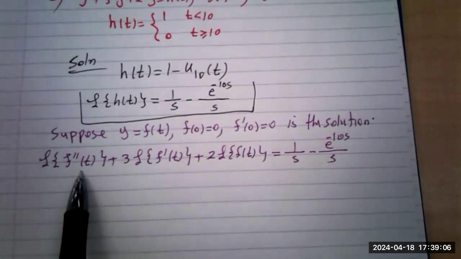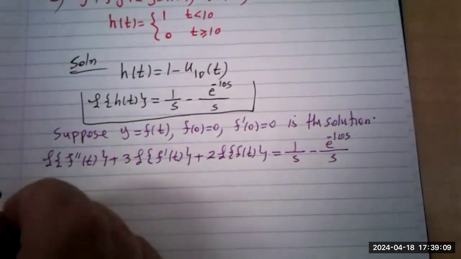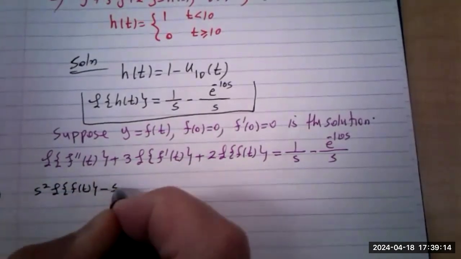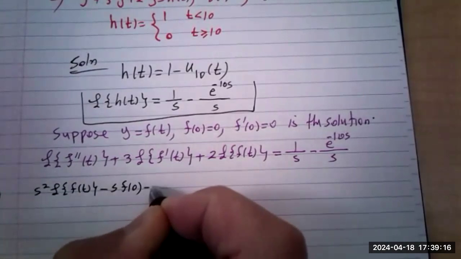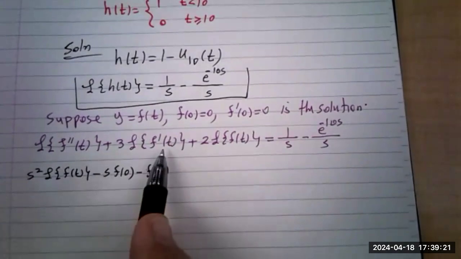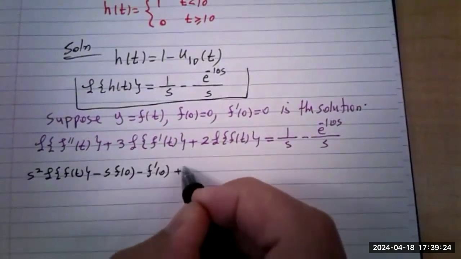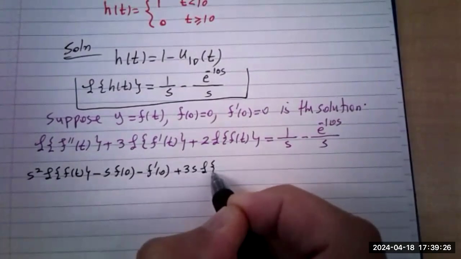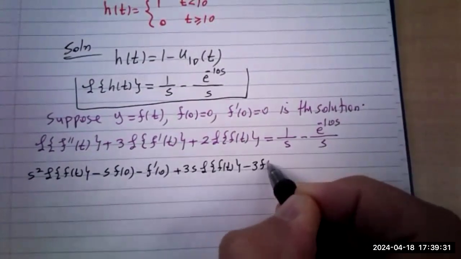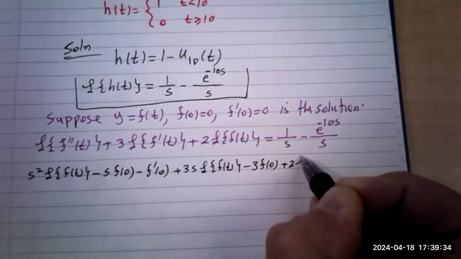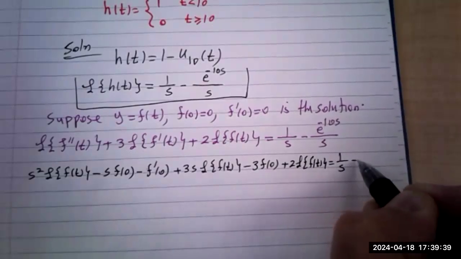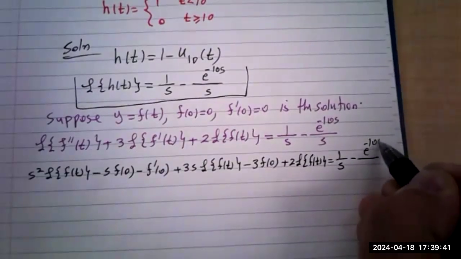Okay, change those derivatives. So that gives you s squared times the Laplace of f(t) minus s f(0) minus f'(0). We have 3 times the Laplace of f', which would be plus 3s Laplace of f(t) minus 3f(0), and plus 2 Laplace of f(t), equal to 1 over s minus e to the negative 10s over s.